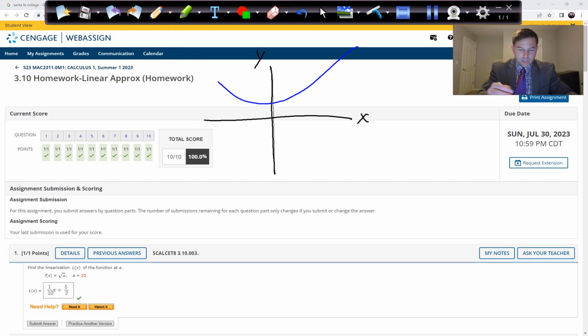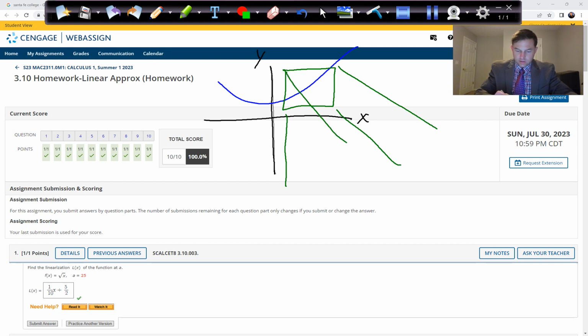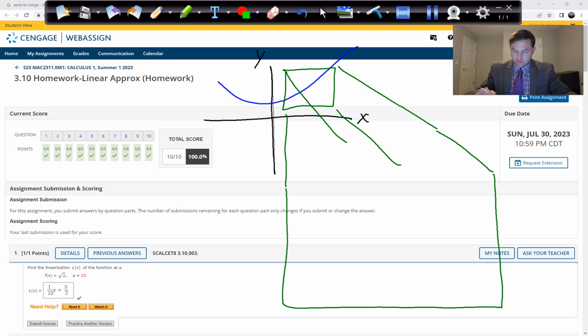Well, imagine if we zoomed in on a chunk of this curve. So we are going to blow this up. So we're going to have this window be like this now. So this is going to map to here.